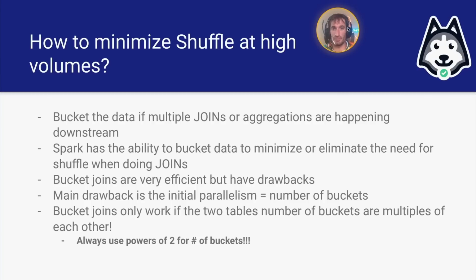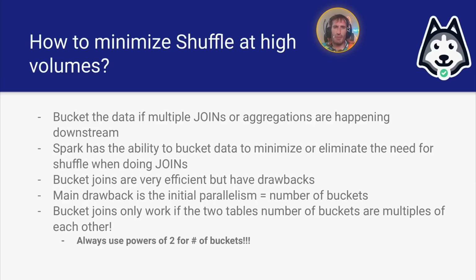In order to write to a bucketed table, you have to have that in there. And if you're only doing one join with it, then why are you doing that? You only really get benefits from bucketing if you are doing multiple joins with these tables, because that's when you're going to see the big benefit.